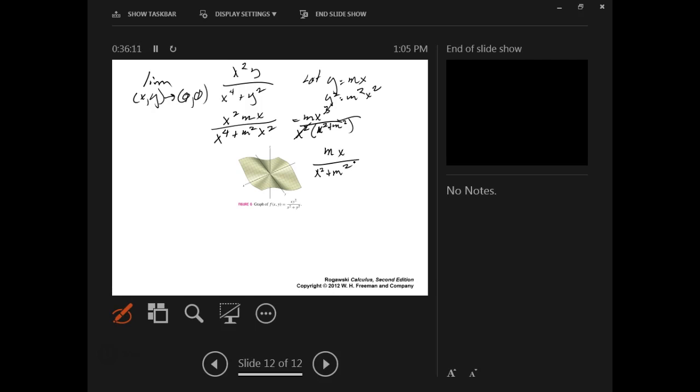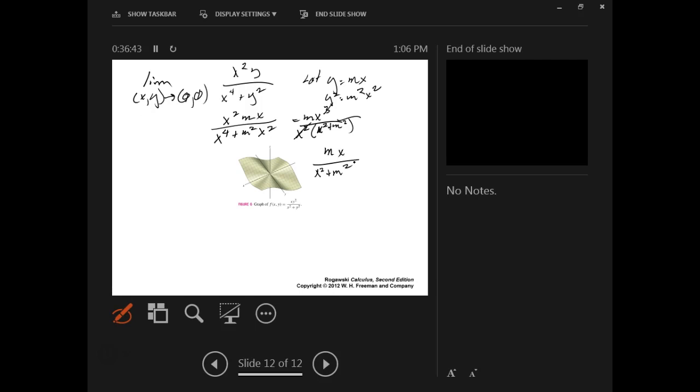Now, as x is going to 0, that looks like the denominator is going to 0 faster. Well, no, it's not. As x is going to 0, you have 0 in the numerator and m squared in the denominator. So that's going to 0, except for m equals 0.